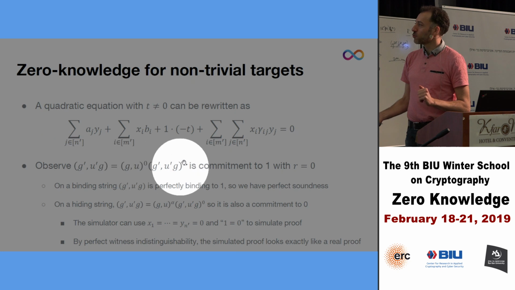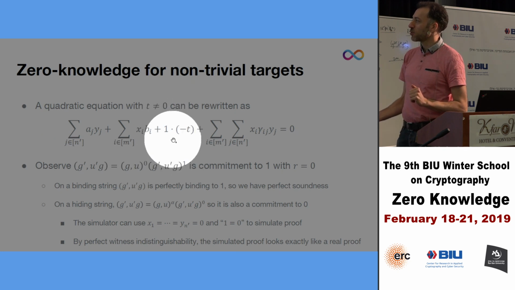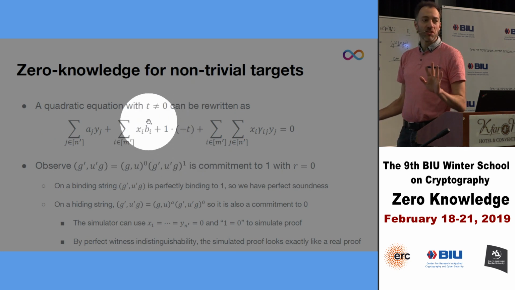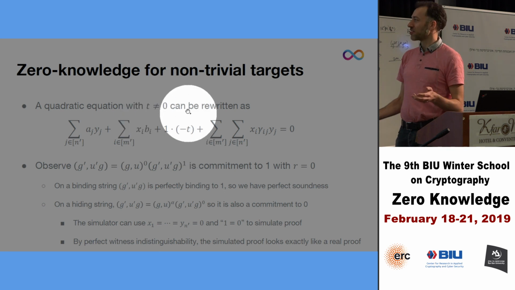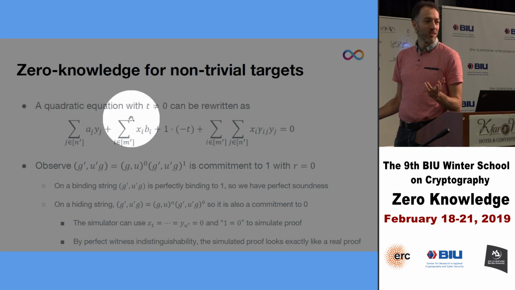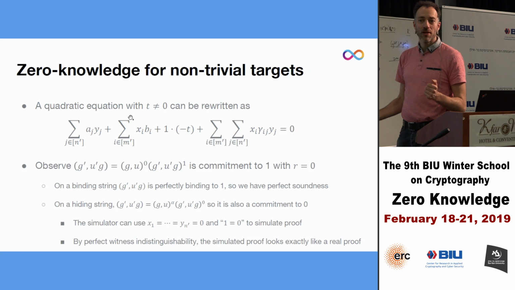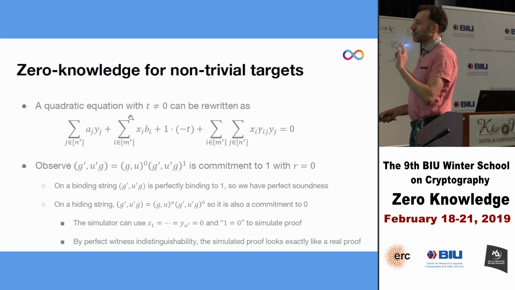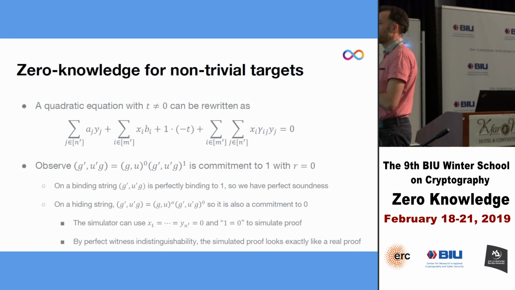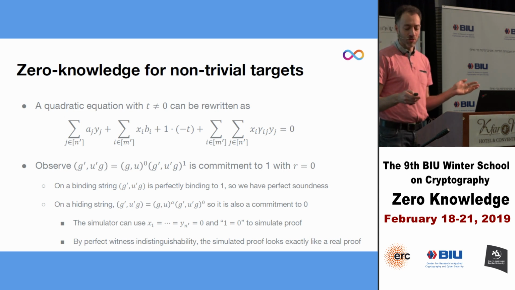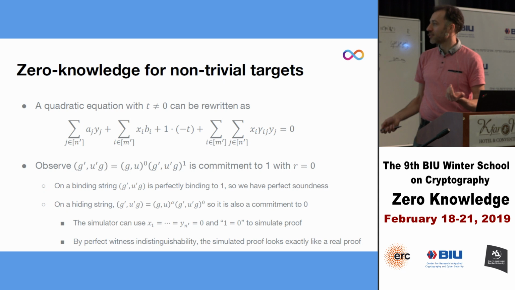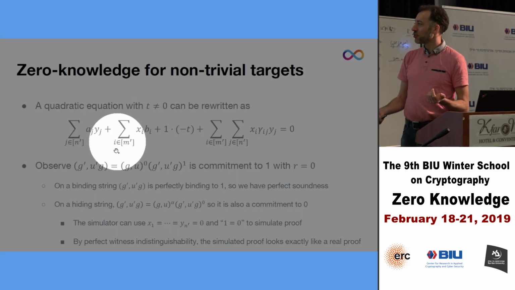The only place it doesn't work out well is here, because this is a constant 1, a publicly known element, right? But the trick here is: okay, let's look for a commitment to 1. It turns out we already have a commitment to 1. It's in the common reference string, right?